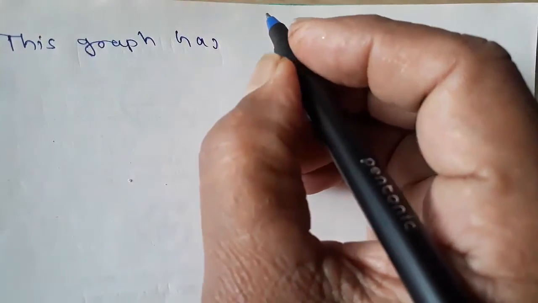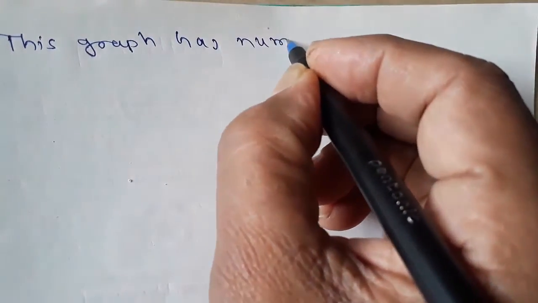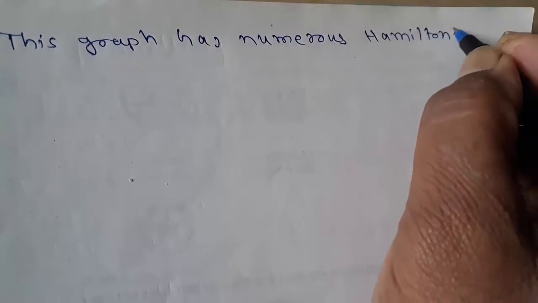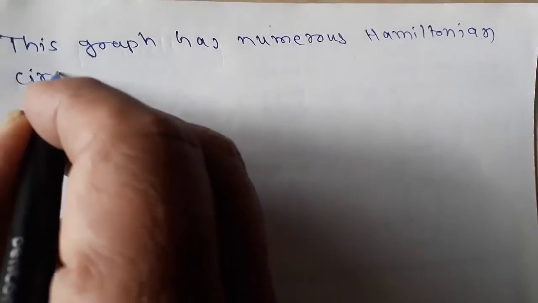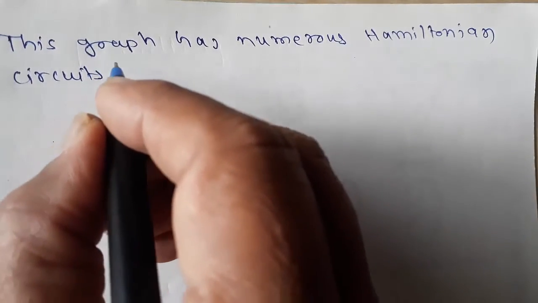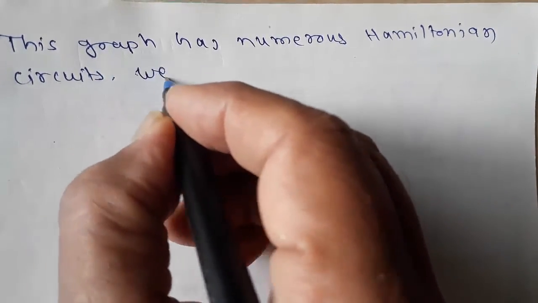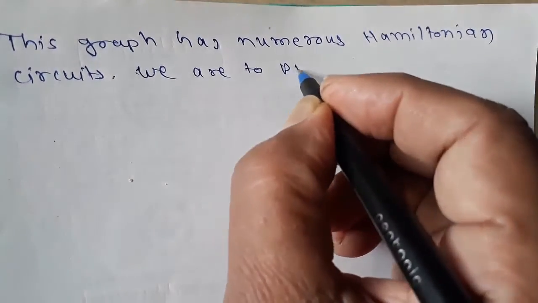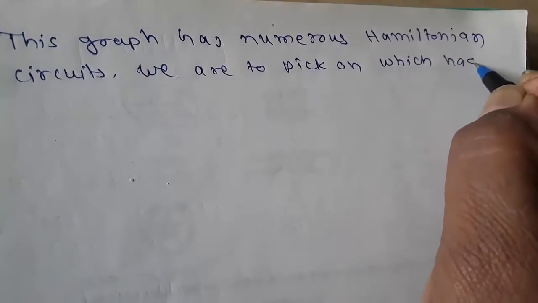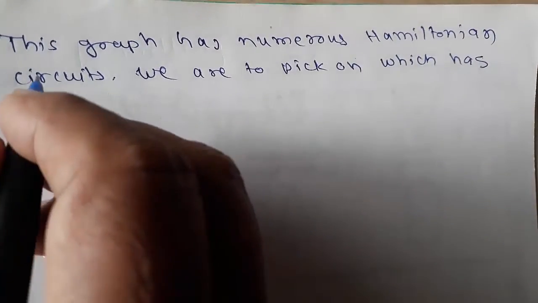This graph has numerous Hamiltonian circuits. We are to pick the one which has the smallest sum of distances.